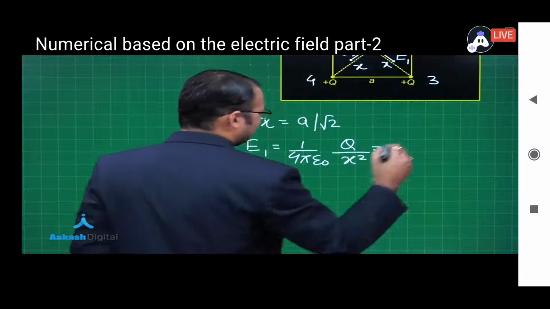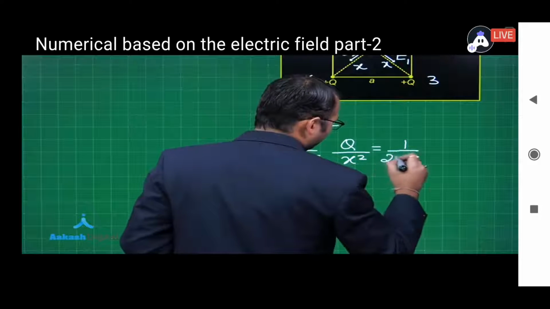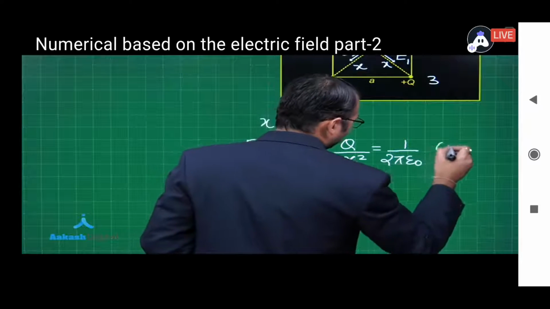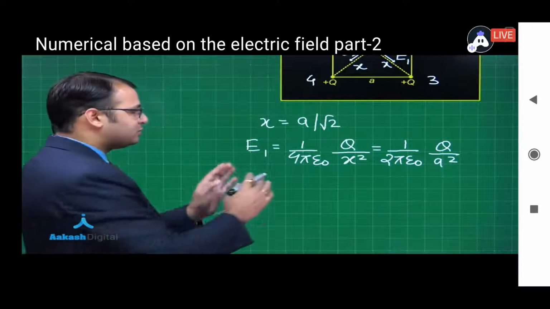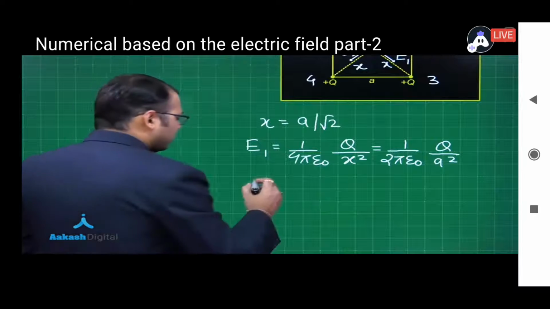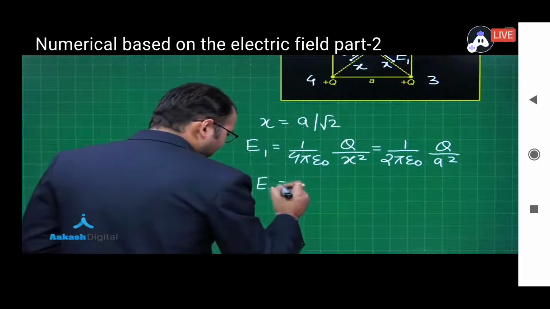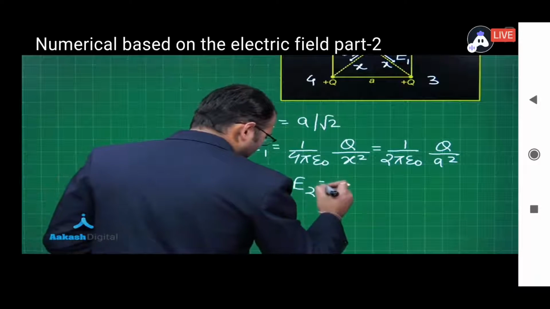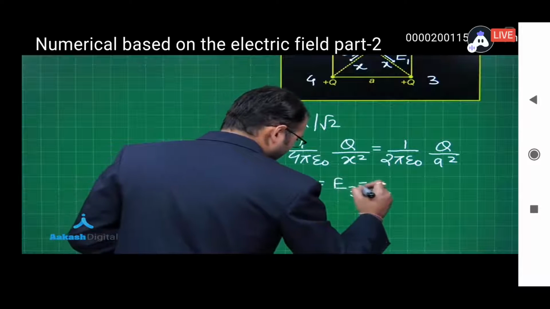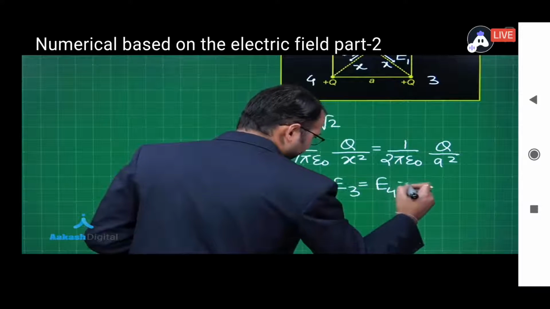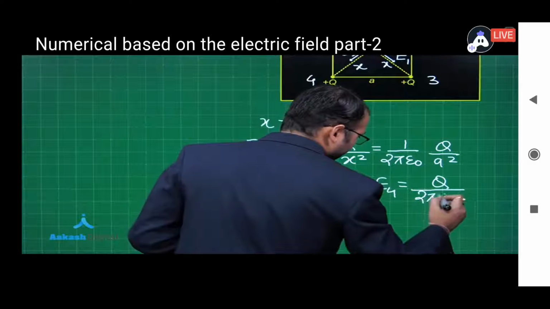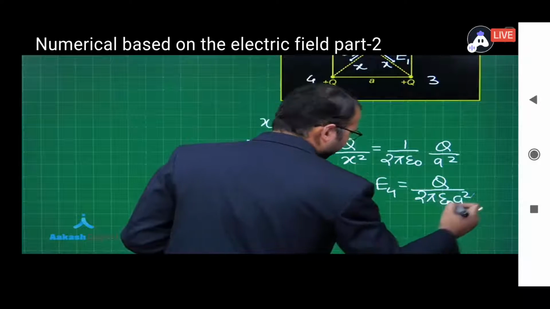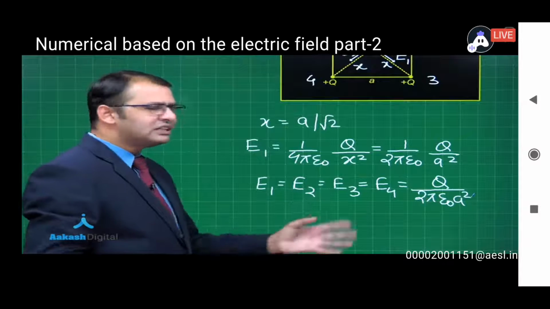On simplifying, you will get 1 upon 2 pi epsilon naught Q upon a square. I have just put the value of x here. You will find that E1 is equal to E2 is equal to E3 is equal to E4, and that would be Q upon 2 pi epsilon naught a square. So all the electric fields are equal.